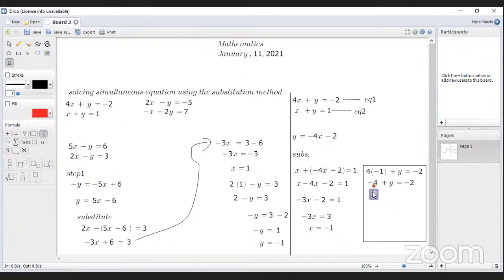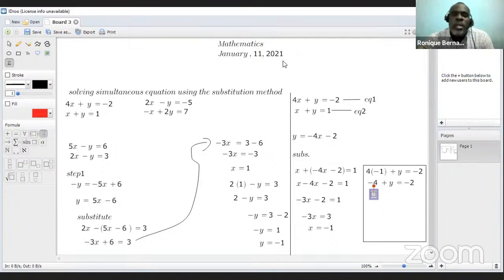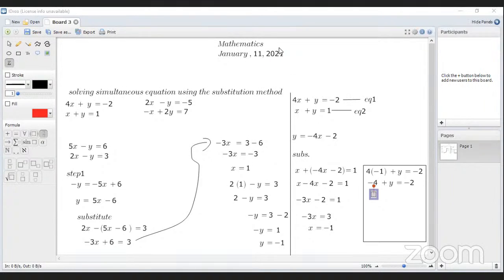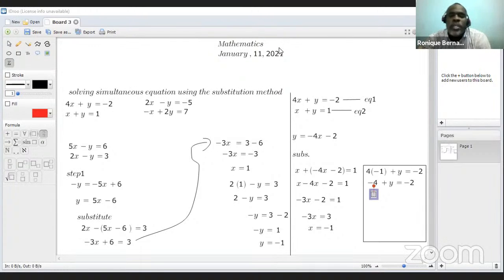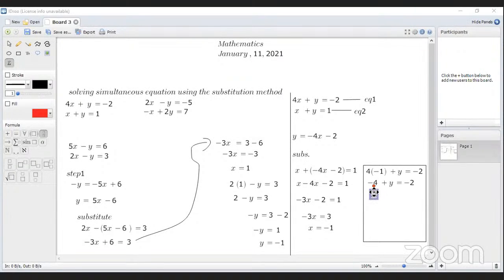Negative 2, sir. 2, what, sir? Not negative 2, sir. Positive 2. Okay. Yeah, positive. Very good. So y therefore is equal to 2.